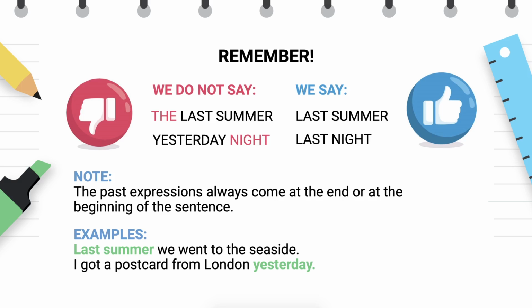We never use them in the middle of the sentence. Here are the examples. Last summer, we went to the seaside. Here we have the past time expression last summer at the beginning of the sentence. And then, I got a postcard from London yesterday. Yesterday is at the end of the sentence.